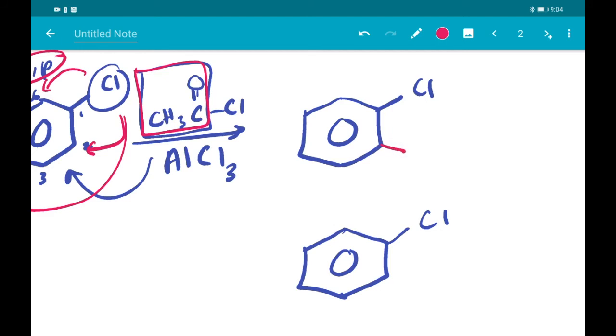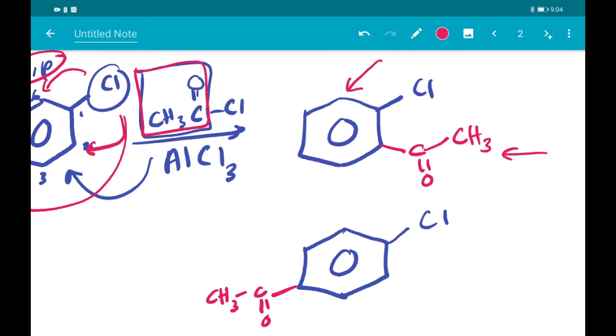First at position 2 or 6, this will be C double bond O CH3, and another possibility is C double bond O CH3. If we insert it into position 6, it's also similar to position number 2. Okay, the ortho configuration is either 1, 2 or 1, 6.